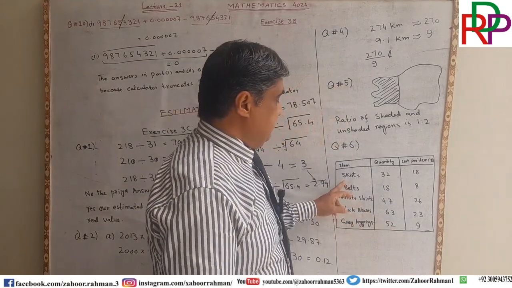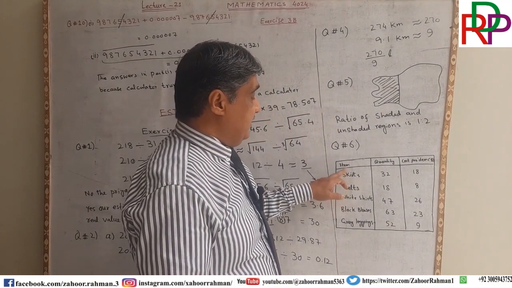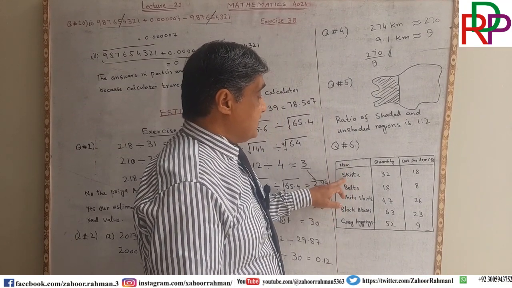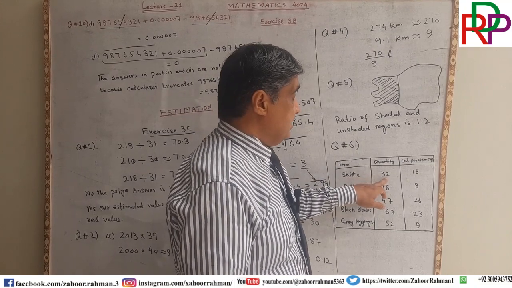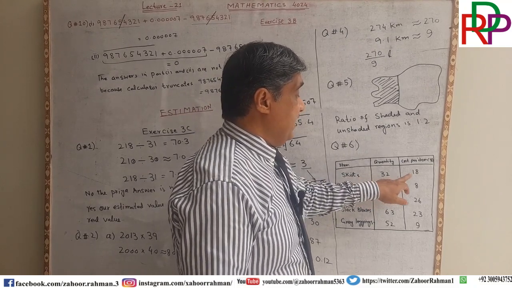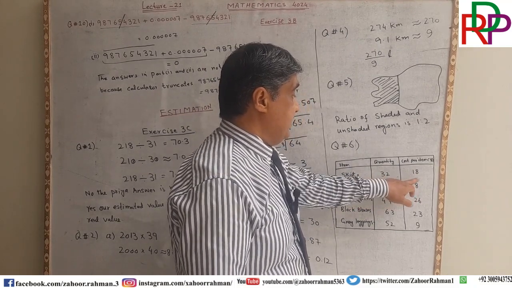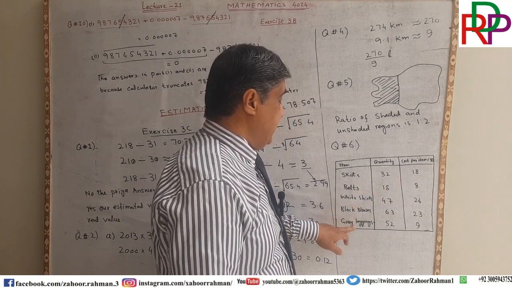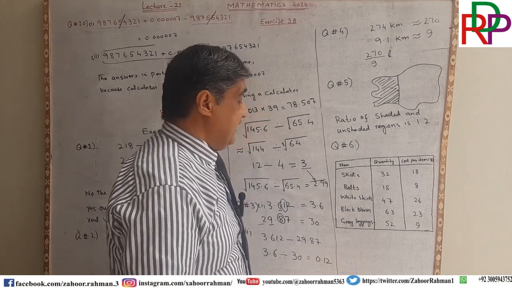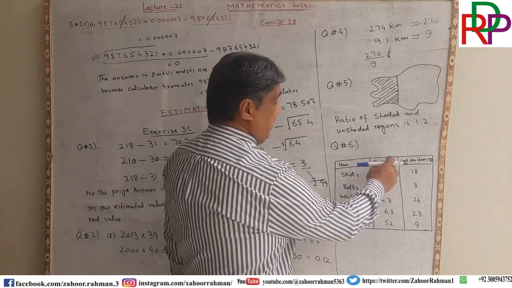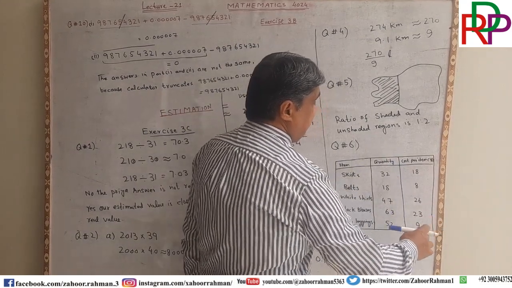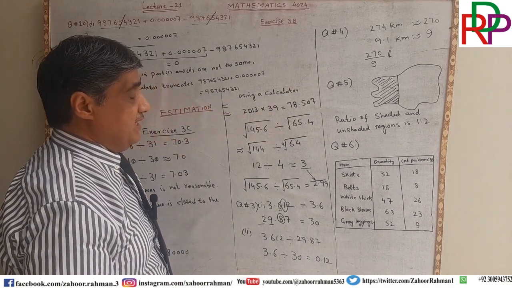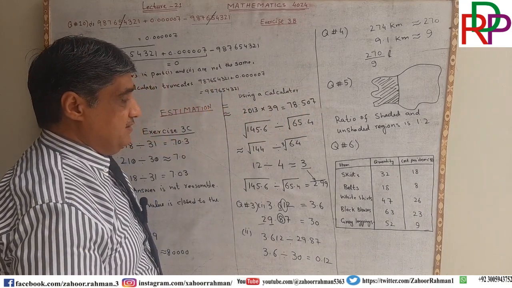Okay, this is the table in which there are different items. Skirts, we need 32, quantity, and cost per skirt is 18. Similarly, belts, white shirts, black blouses, gray leggings, all the quantities and cost per item are given.